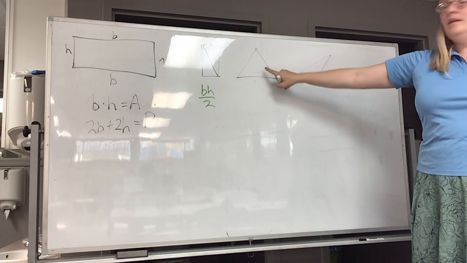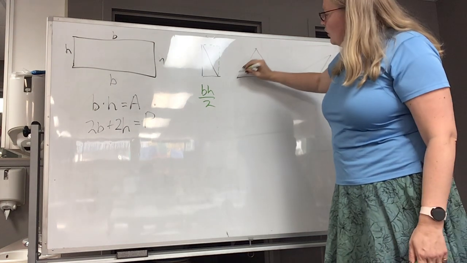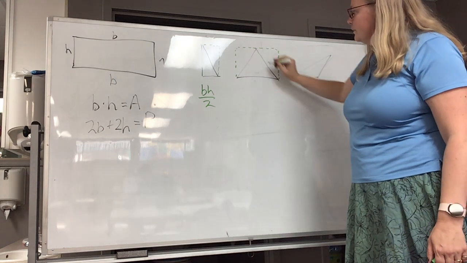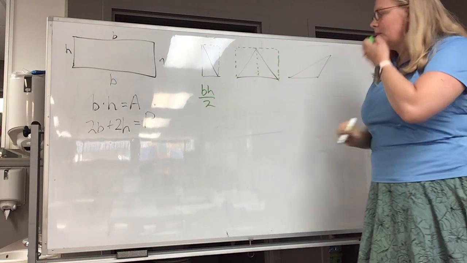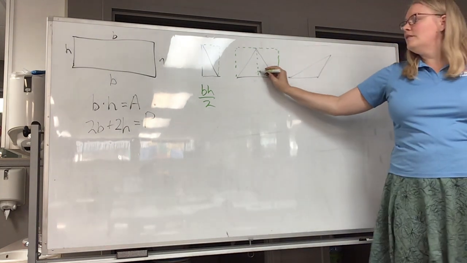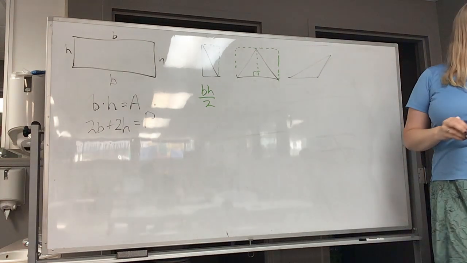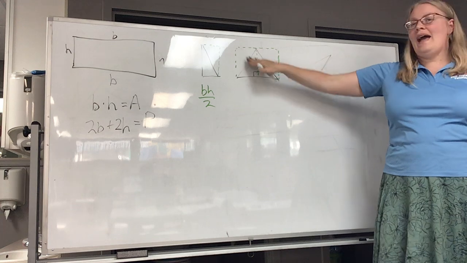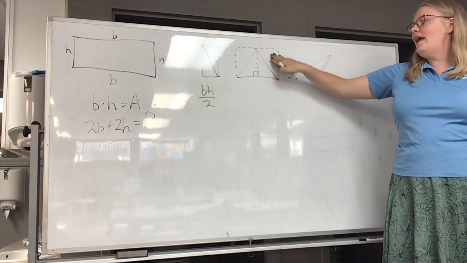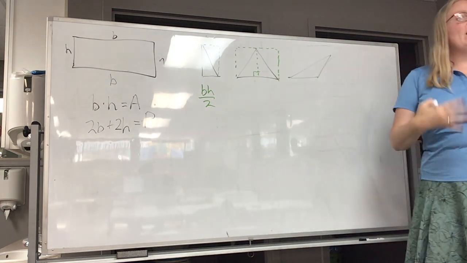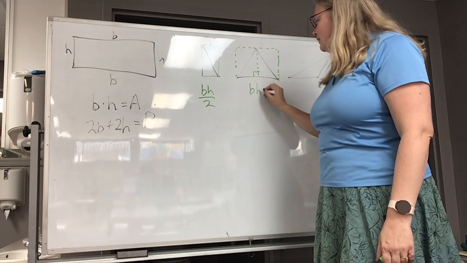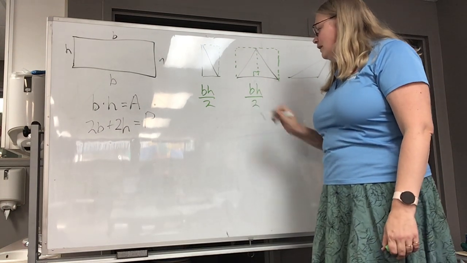This one, if we draw in the rectangle, this is our altitude or our height, at the right angle. And again, we literally have half of this rectangle and half of this rectangle, so we have half of the total rectangle. And again, it's base times height divided by 2.